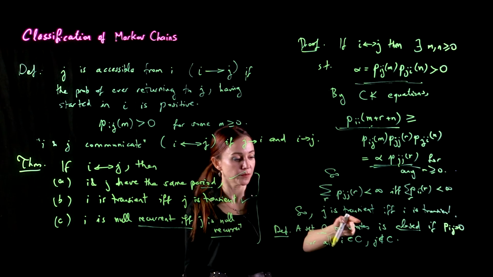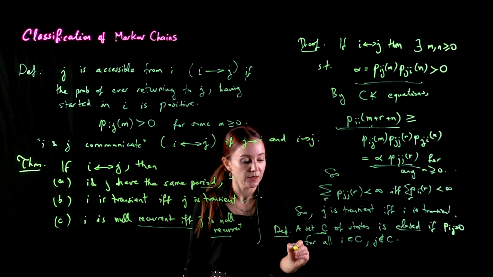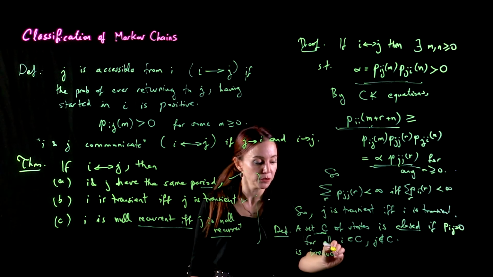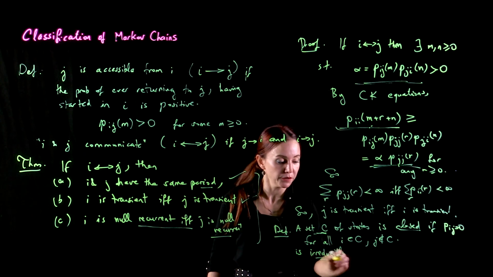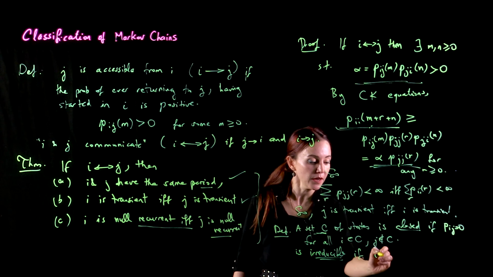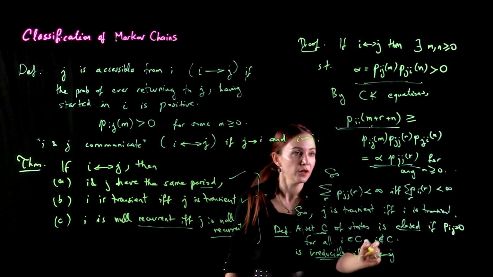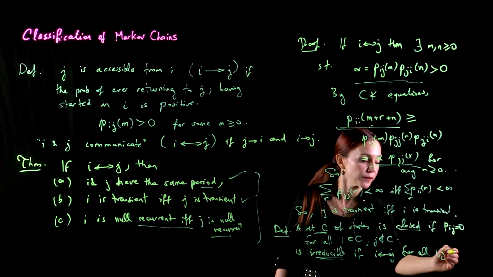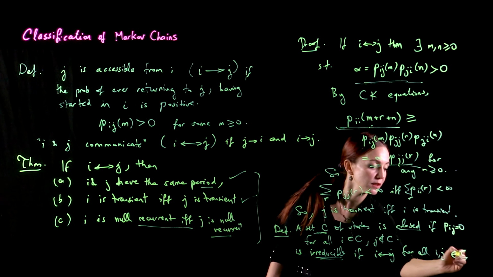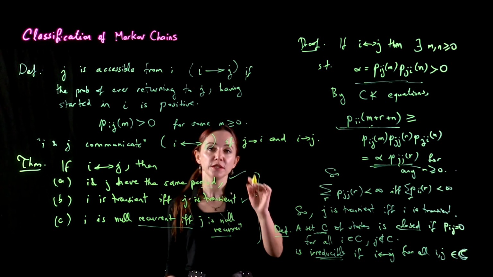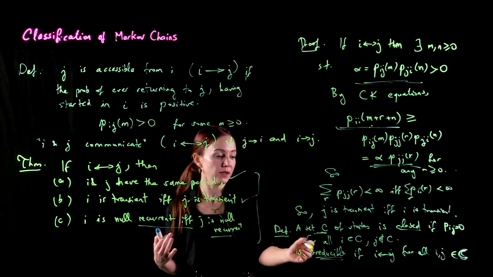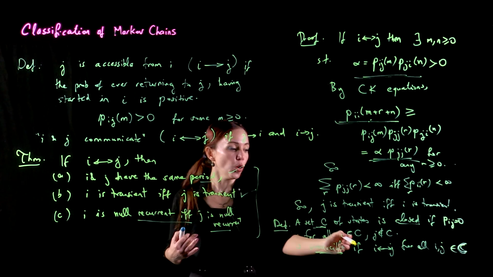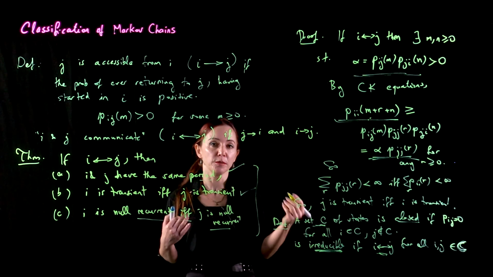Now, a set C is irreducible if I and J communicate for all I and J in C. So a set of states in a Markov chain is said to be an irreducible class if all the states in the set communicate.